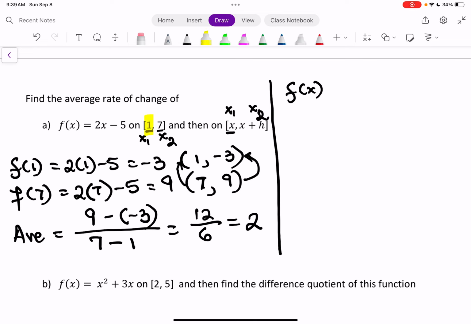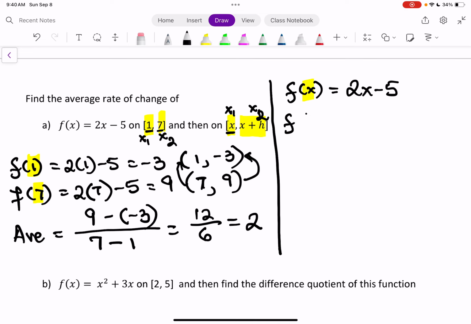Whether it's a 1 or a 7, to find their y's, I plug those numbers in. Same thing. Now it's asking me to plug in an x. Fine. What is f of x? Well, substitute x with x, it looks the same. Yes. This one might be tricky. Now it says substitute x with x plus h.